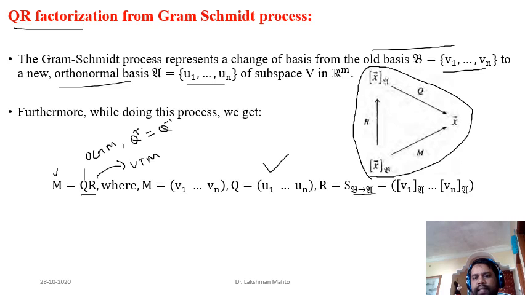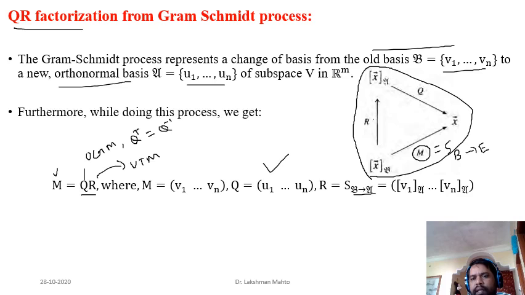And in the last class I had already mentioned how you can get M. What is M? M you can simply say is a change of basis matrix from basis B to the standard basis E. The calculation you can recall from the previous class.